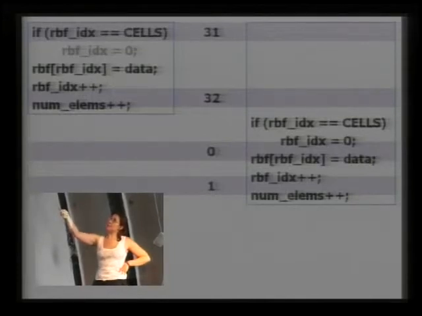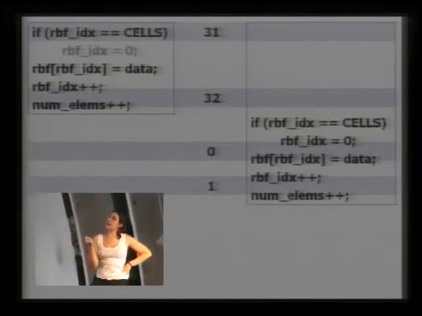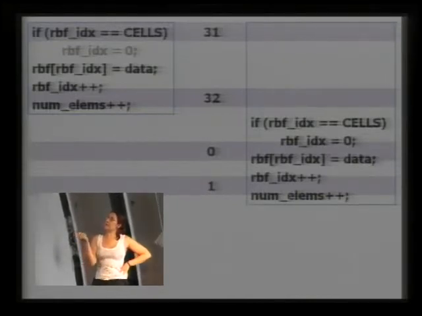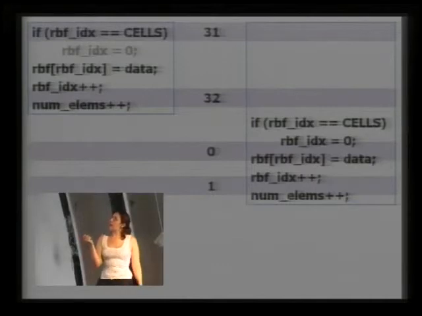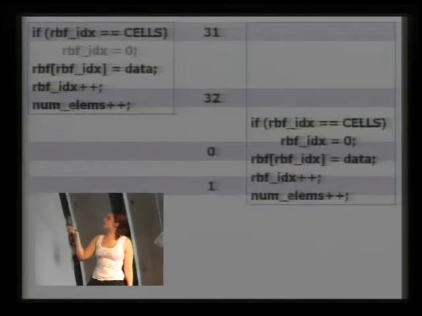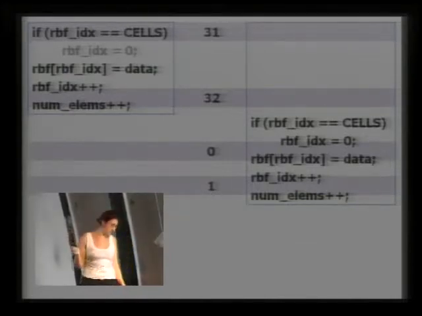So it doesn't hit that piece of code, it just continues to write to the 31st cell of the ring buffer, increments it, at which point the index pointer becomes 32. And then the next thread comes in and sees that the RBF index pointer into the ring buffer is equal to the limit, so it has reached its limit. So it resets the index pointer to 0 and continues from there.